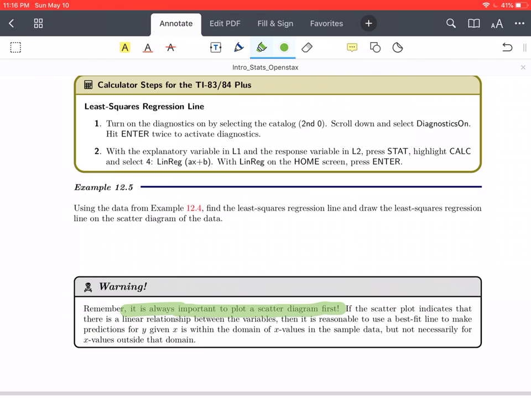You don't want to just go in and plot some linear regression line, because if the data is not linearly related or doesn't have a strong linear relationship, then there is no point in drawing the line, right? The line would be useless at that point. So we need to do the scatter diagram first to make sure that it's actually worthy of drawing the line. Otherwise, we're just wasting our time.